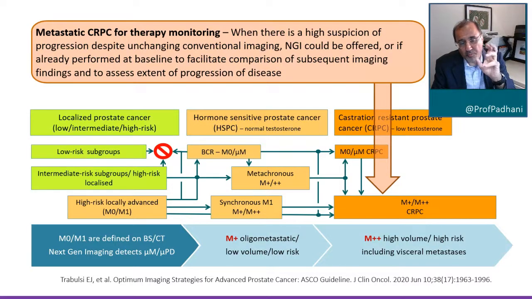Finally, for metastatic castration-resistant prostate cancer, you can use next-generation imaging technologies for therapy monitoring, particularly in those patients in whom there is a changing clinical state, but the clinical findings are discordant.